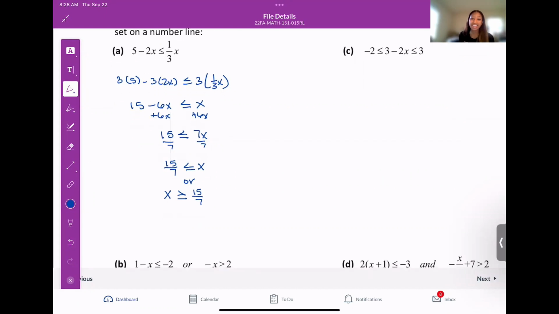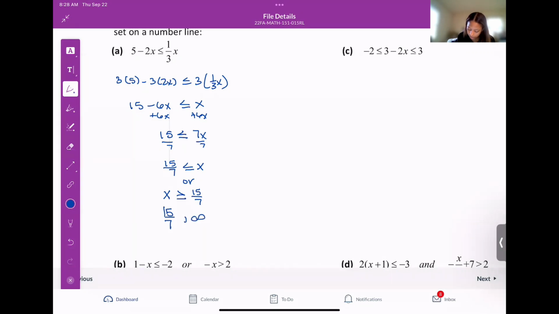We need to be able to write this in interval notation. That means that our answers are numbers bigger than 15 over 7, and we have an or equal to sign here, so it includes 15 over 7 as well. So we'll start at 15 over 7, and then go all the way up to infinity. We always put parentheses around our infinity symbols, and this time we'll have a bracket around the 15 over 7.